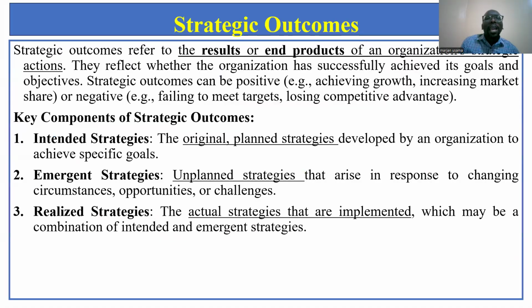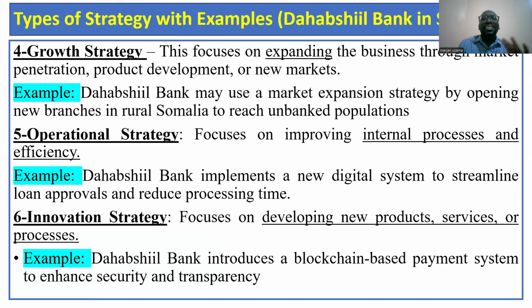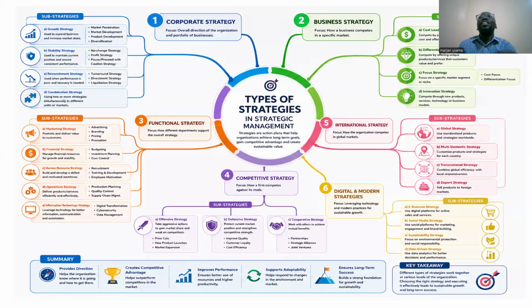So when we are talking of strategic outcomes, there are strategies that help us to achieve the outcome. So we have the intended strategies, we have the emergent strategies, and the realized strategies. These are all these strategies.